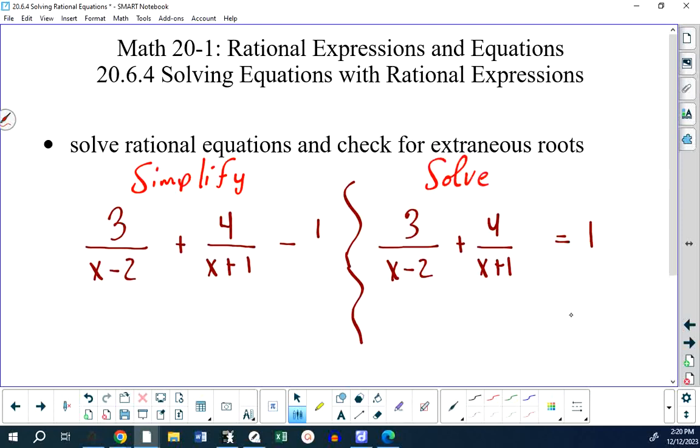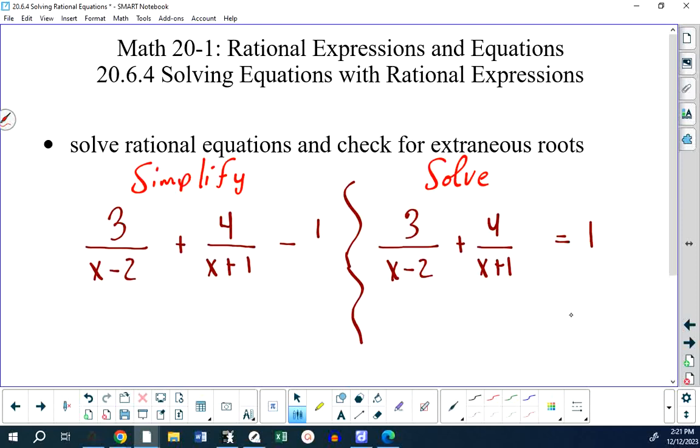And these two problems are as different as night and day in terms of what we're doing, in terms of what we want to find. What you want to find on the left is a simplified result. What you want to find on the right is a value for x that makes the equation true. There is no value for x on the left that makes this true because it's not an equation.